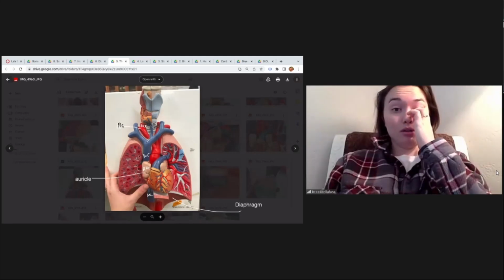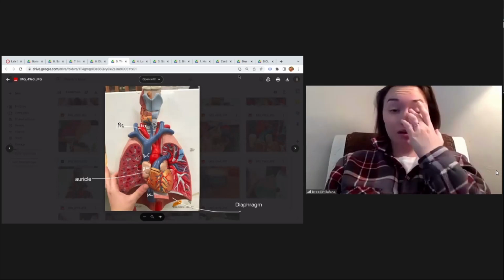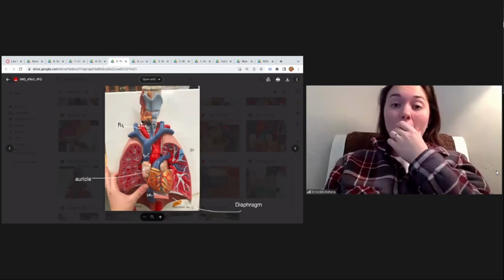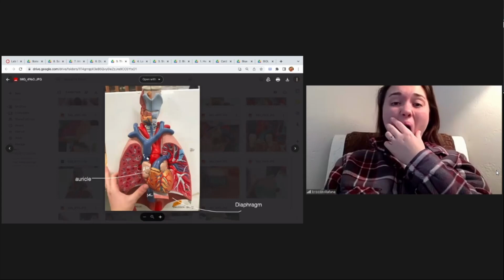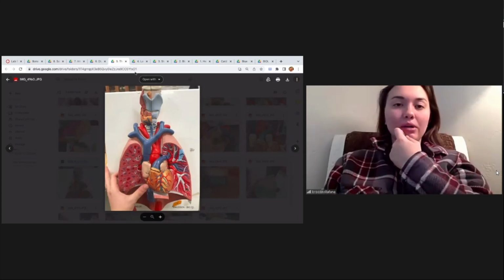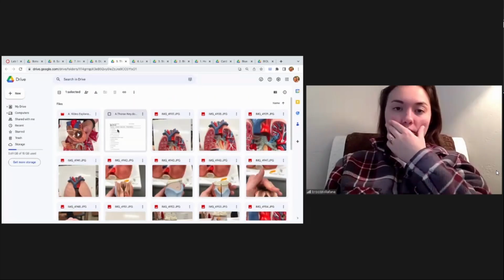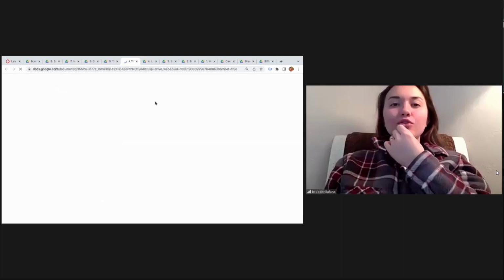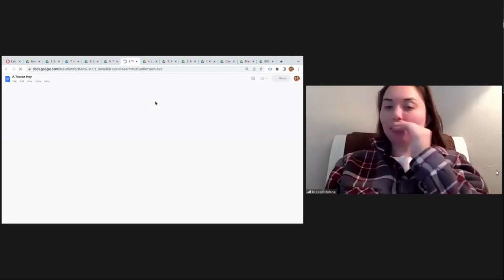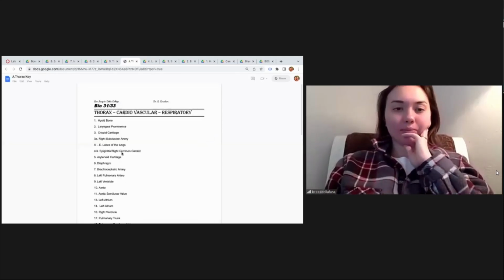Should be our two different carotids, but I'm going to need to look at that. Actually, maybe they're brachiocephalic veins. That would make sense. Let me check our key, see what I missed.